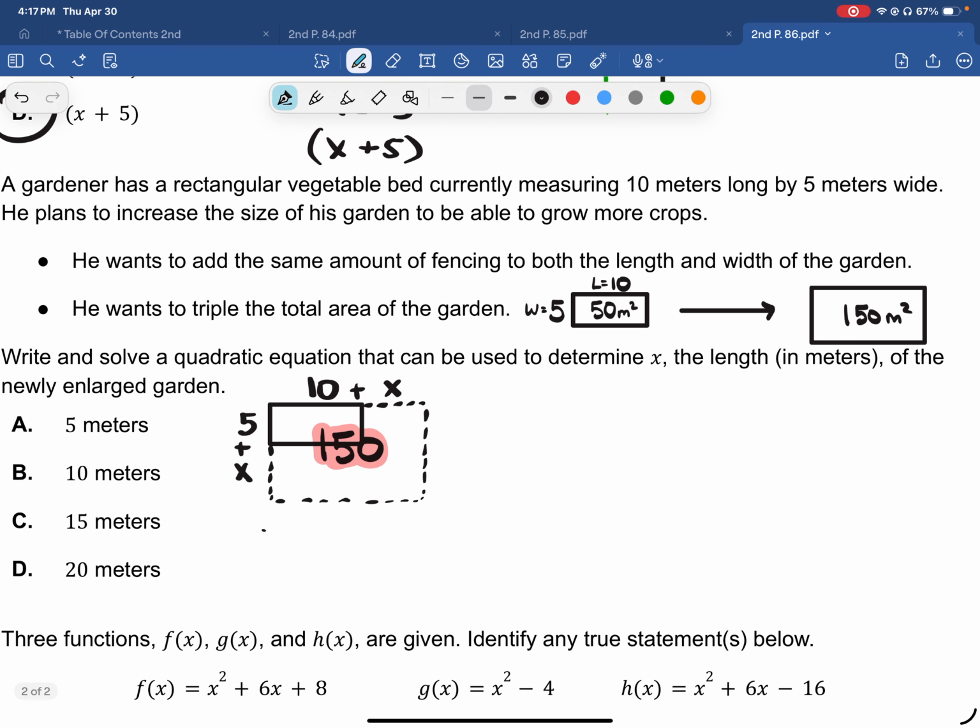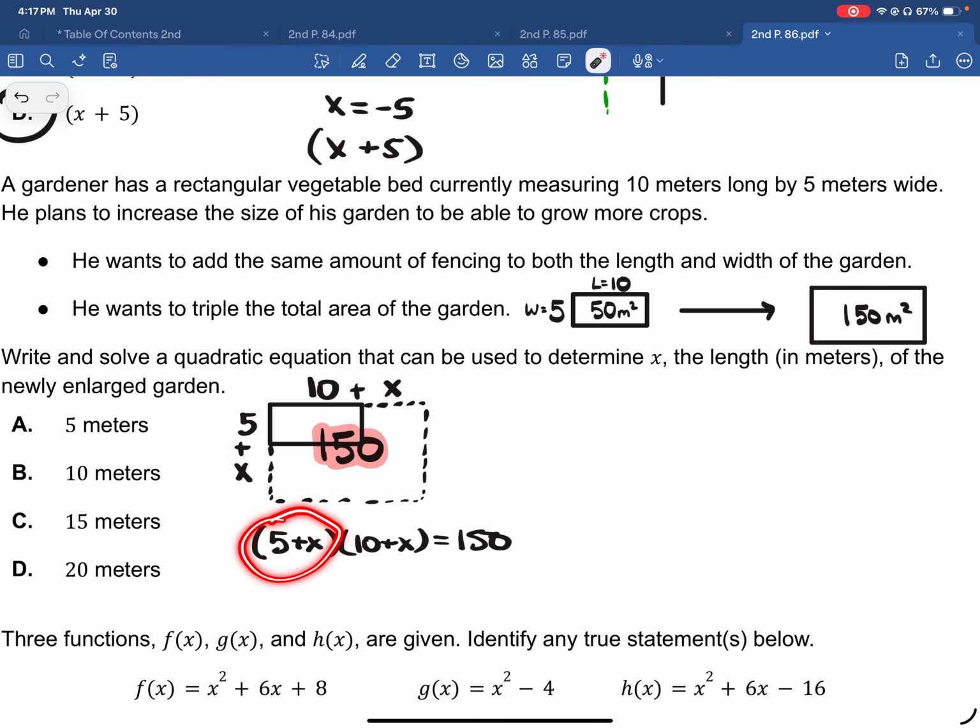That means that 5 plus x times 10 plus x is going to have to equal 150. 5 plus x is the width after I've added however much I'm adding. 10 plus x is the length after I've added how much I'm adding. And the width times the length gives you the area. Well, I know the area should be 150 because I'm going to triple the area of the garden. The original garden was 10 by 5, so I triple 50 to get 150.